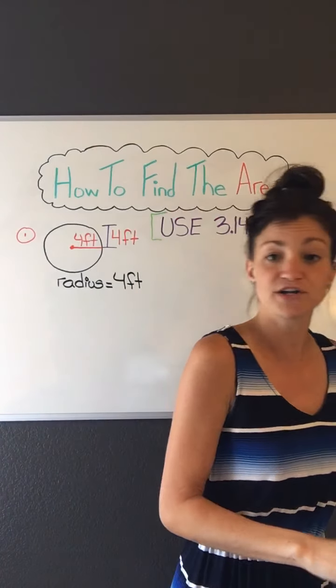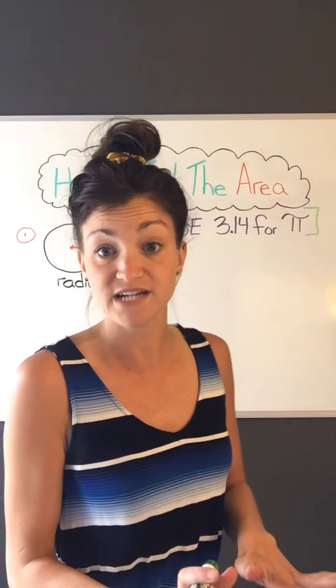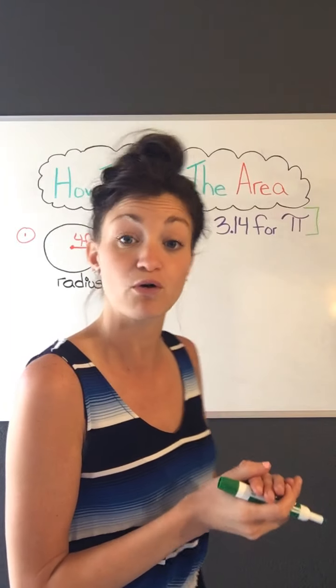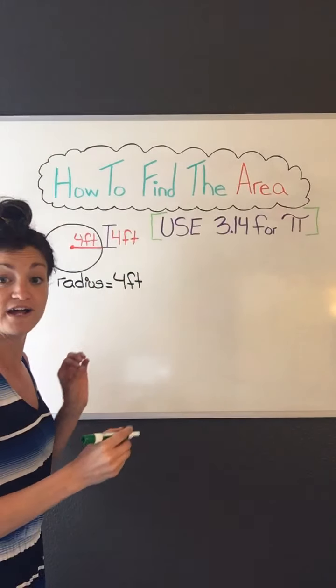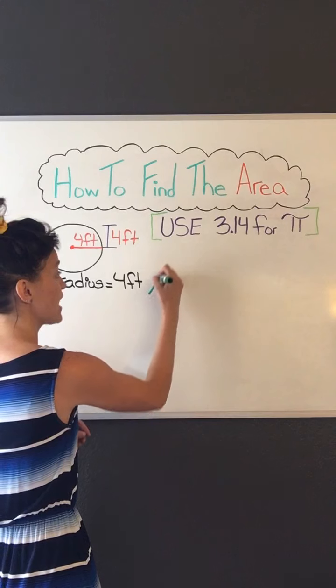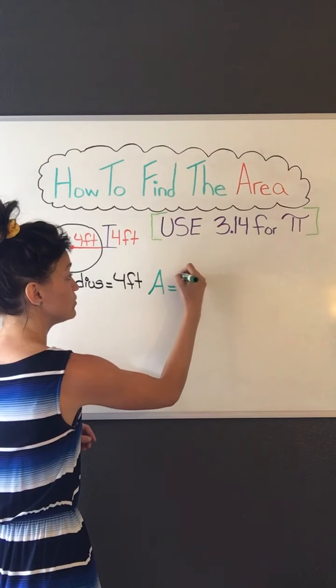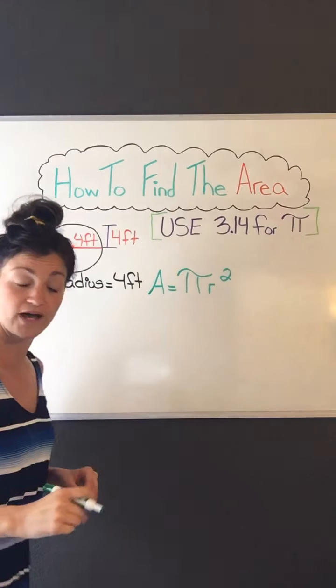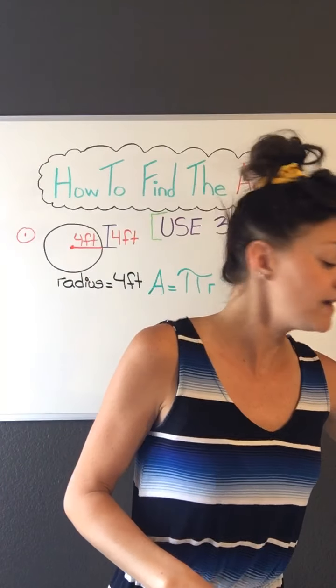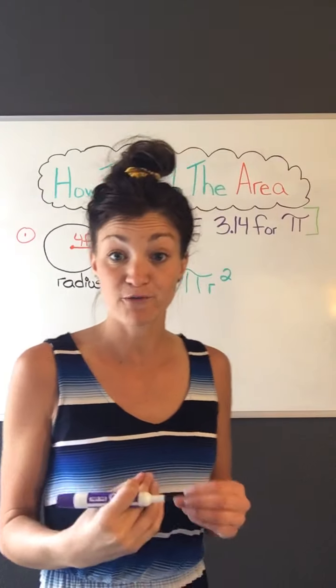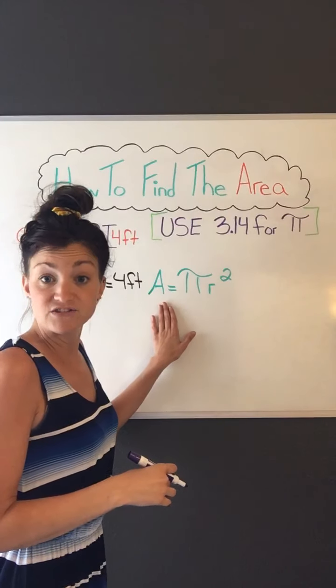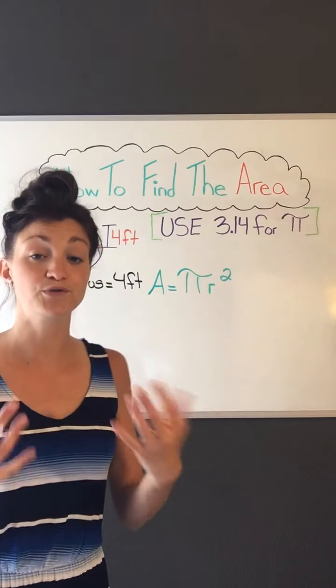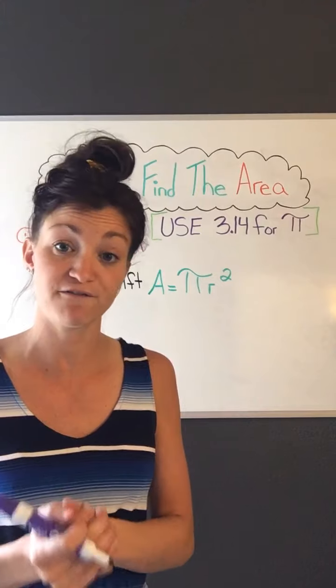So let's get started. Step one, you always want to write down your formula or your equation. So in order to find area, we are going to write down area equals pi r squared, okay? What we are then going to do is start plugging in some information. A represents or stands for area, and that's what we're looking for. That's what we're trying to figure out.